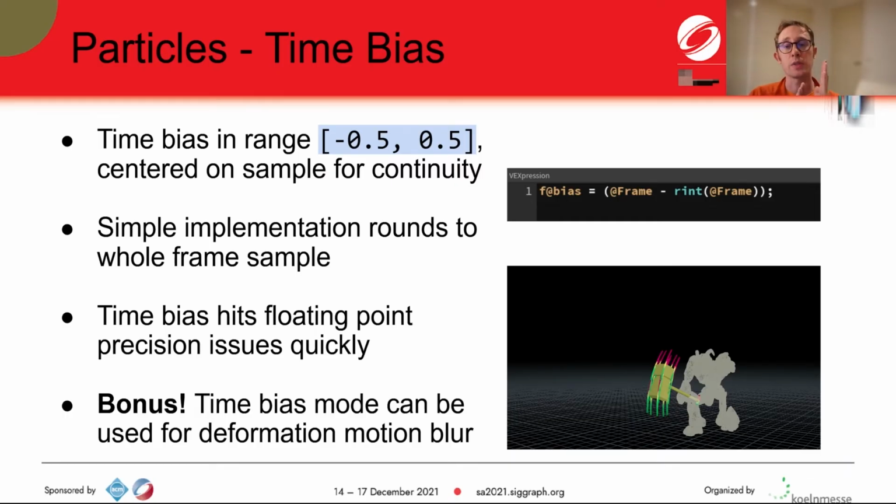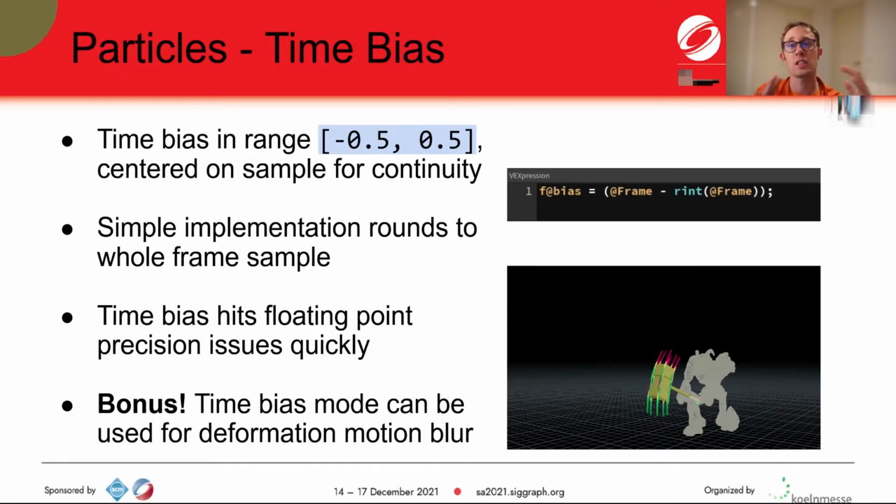And sometimes, depending on what else is going on in your scene, you'll hit a floating point issue where rint will go down and $f will go up, and so you'll end up with motion attributes for the next frame, but a bias for the previous frame, or vice versa, and you end up with a really strange thing happening at the midpoint. Fortunately, you don't really need that for time bias.